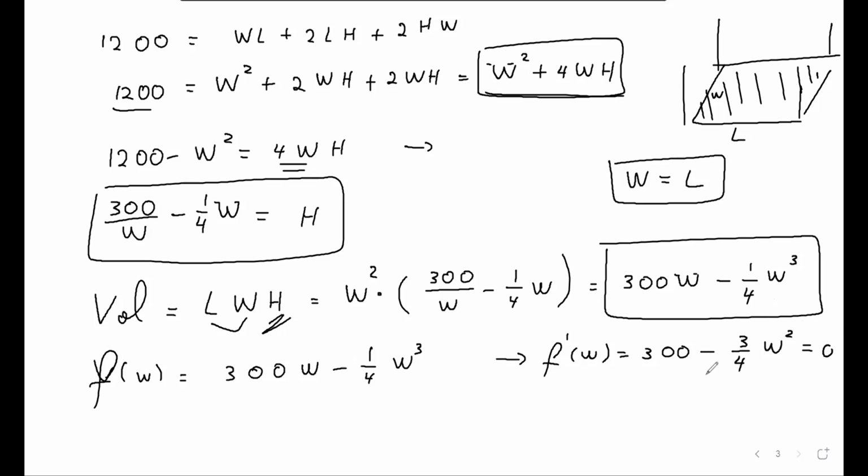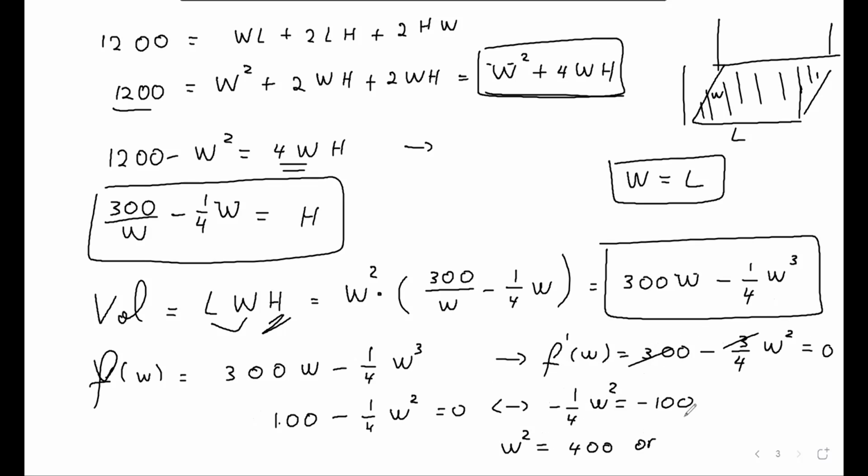And when we set that equal to 0, you can divide both sides by 3. So 100 minus 1/4 W squared equals 0, which is equivalent to negative 1/4 W squared equals negative 100, and multiply by negative 4, and you get W squared equals 400, or that's going to tell me that W is 200.